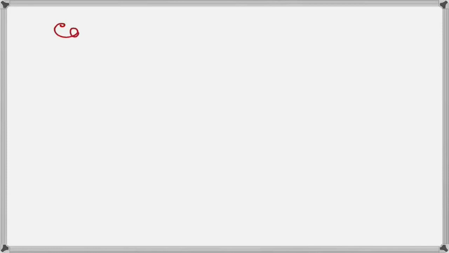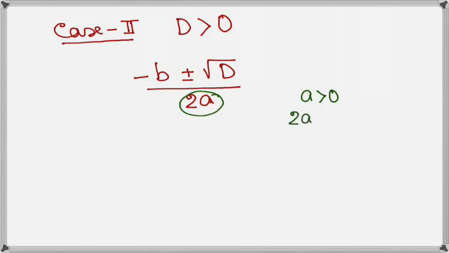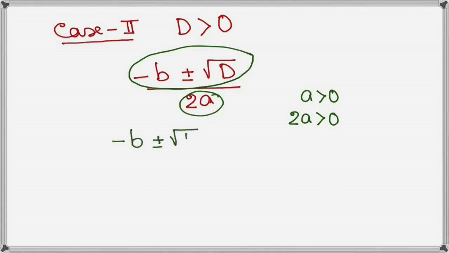Now we consider D to be strictly bigger than 0. We know the solutions are minus b plus minus square root of d divided by 2a. Now as a is positive, the quantity 2a is strictly bigger than 0. So for us, it is enough to study the sign of the quantity minus b plus minus square root of d to study the sign of the solutions alpha and beta.